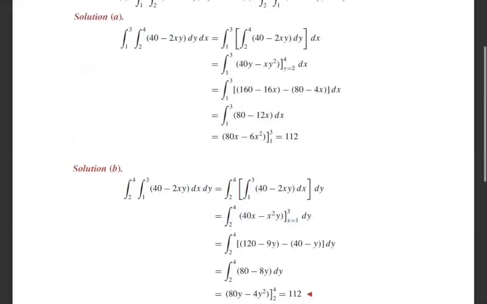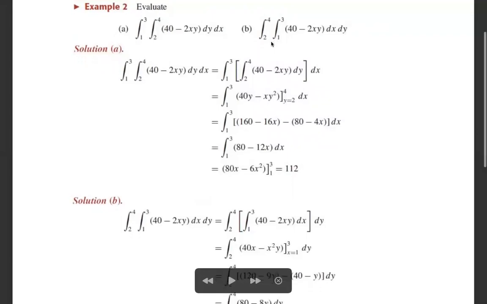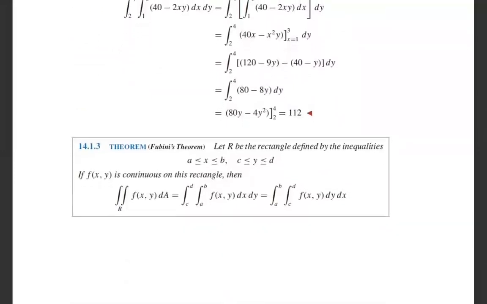So as you can see from these two examples, integral from a to b, c to d, f of x, y, dy, dx equals integral from c to d, a to b, f of x, y, dx, dy. That means if R is a rectangle defined by the inequalities a less than or equal to x less than or equal to b, c less than or equal to y less than or equal to d, and f of x, y is continuous on this rectangle, then the limits of integration can be interchanged.